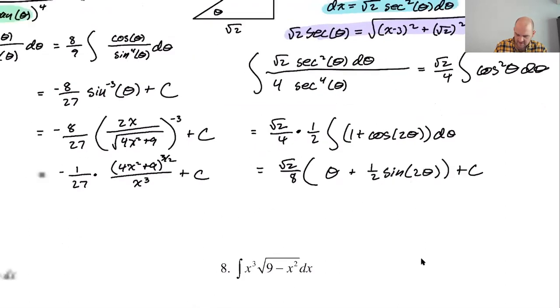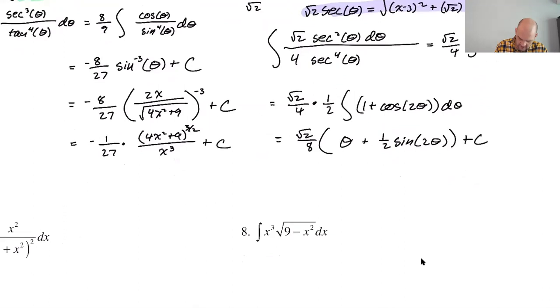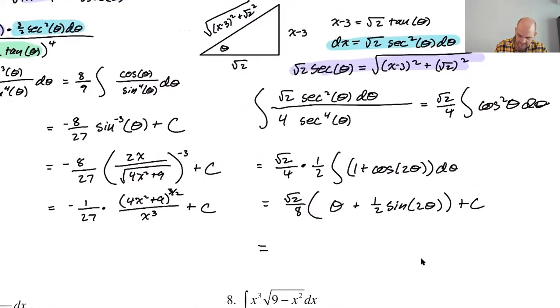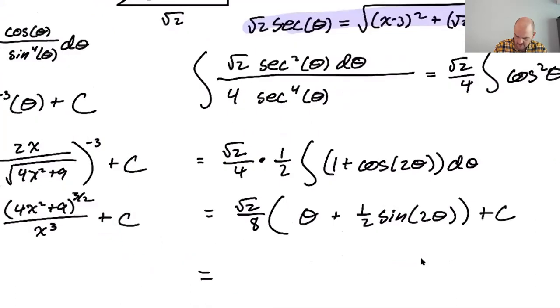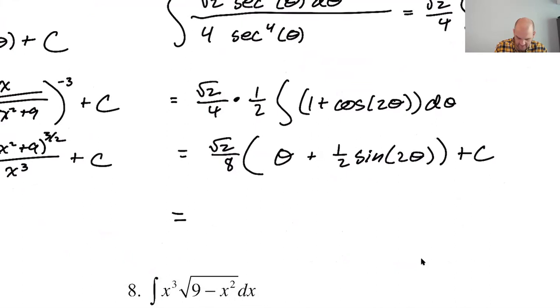Oh my god, I was about to make that a definite integral. Whew, can you imagine? All right, so I'm going to say that theta is the inverse tangent of x minus 3 over radical 2, which, like, the calculator is definitely going to either not do or rationalize or something. So we'll find that out.